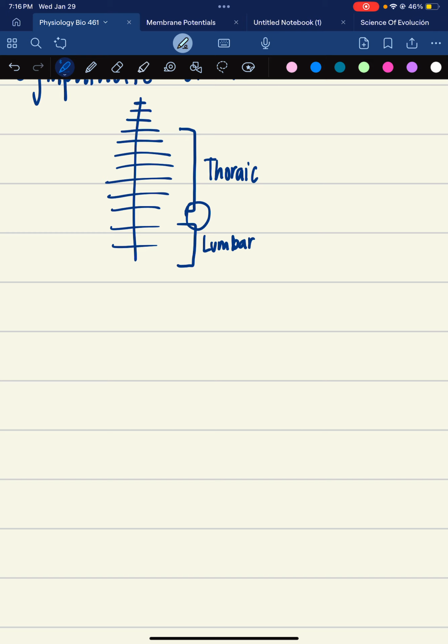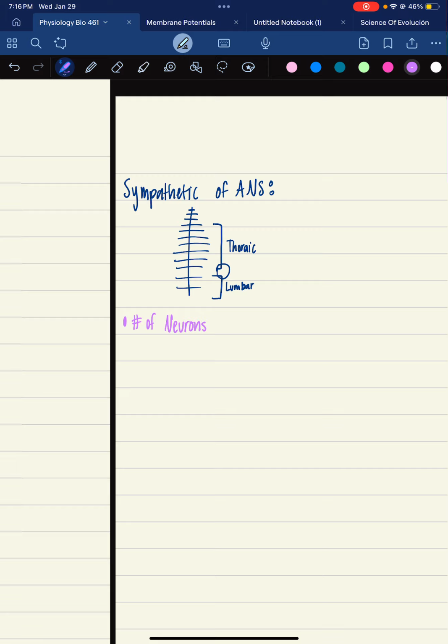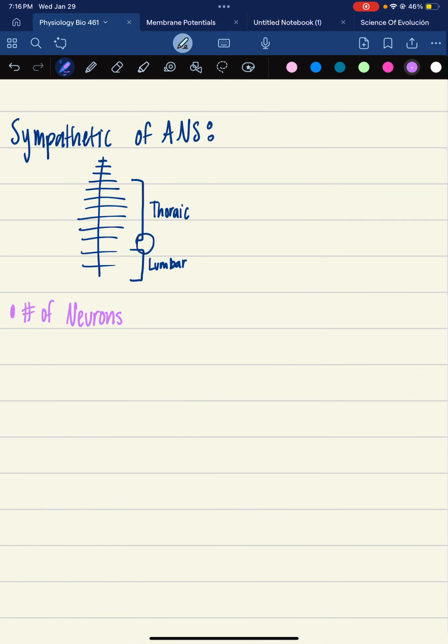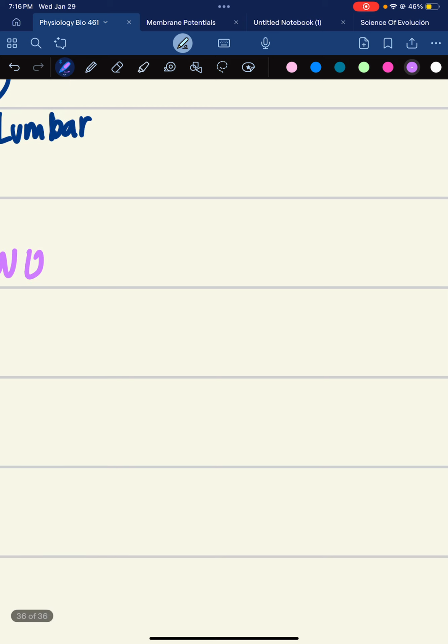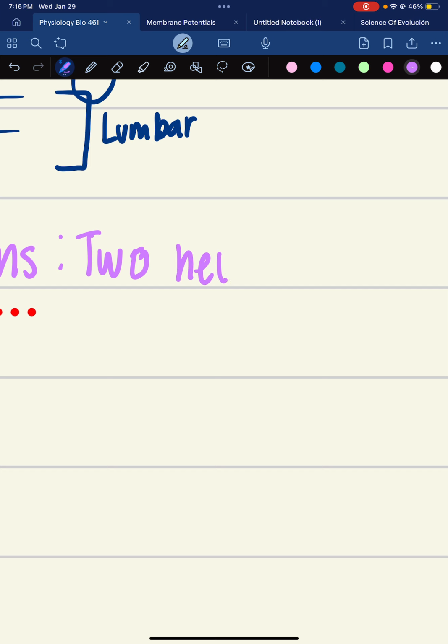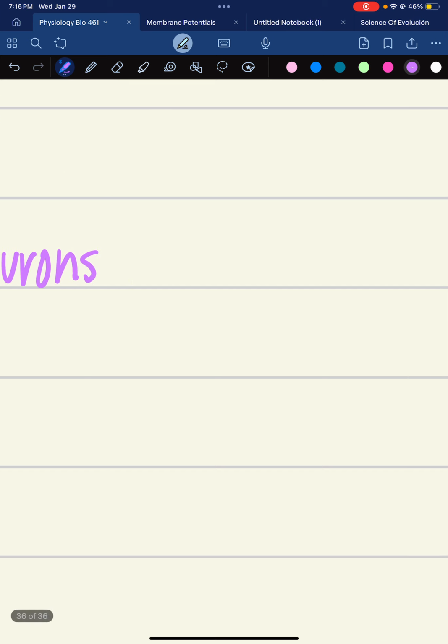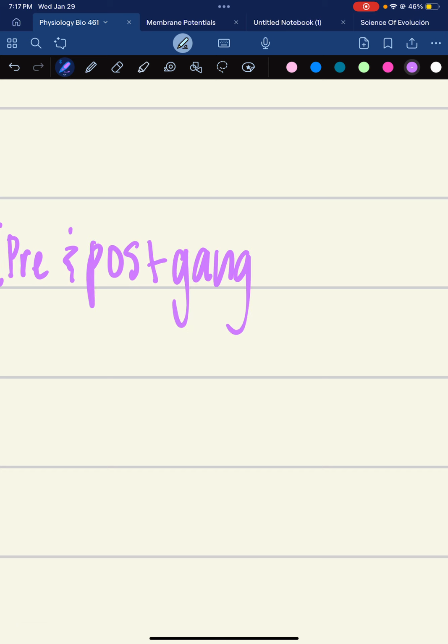And then for the number of neurons, they're still talking about the sympathetic. It's two neurons: pre and post ganglionic neurons.